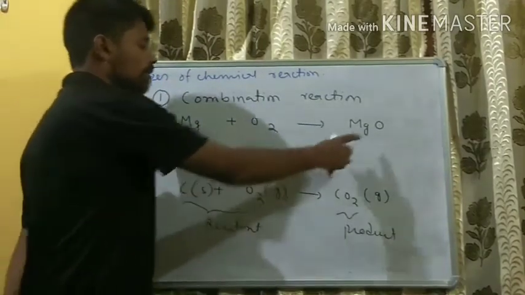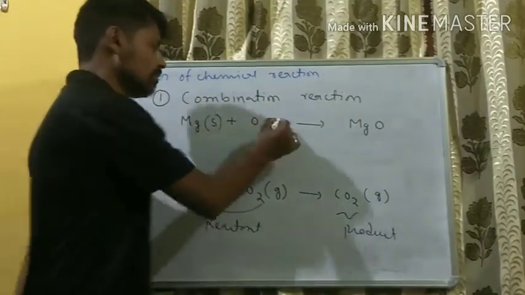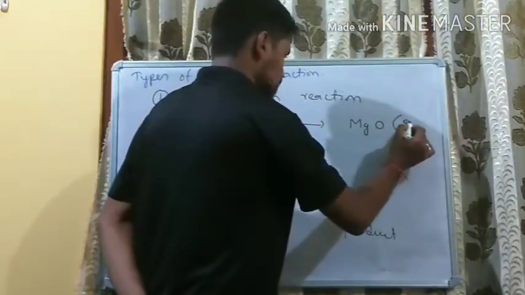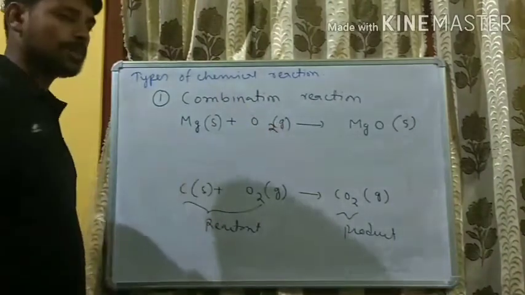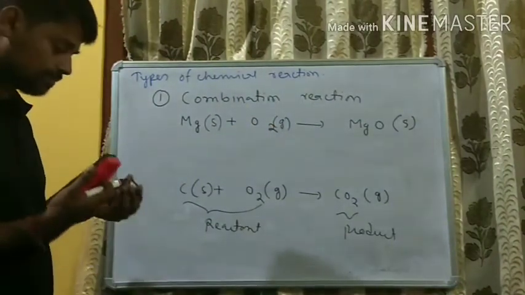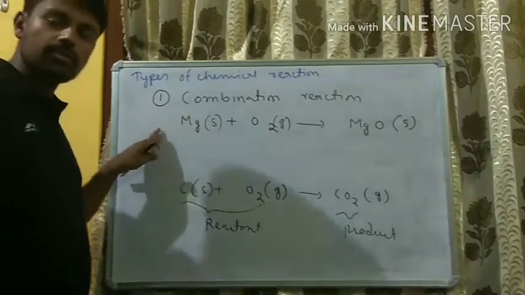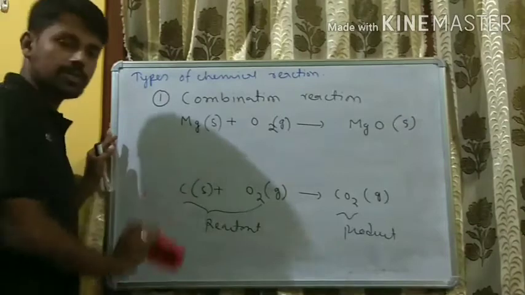The reactants are combined to give a single product. Magnesium is solid, oxygen is gas, magnesium oxide is solid in nature. So this is another example of combination reaction. You yourself can find two or three examples of combination reaction.